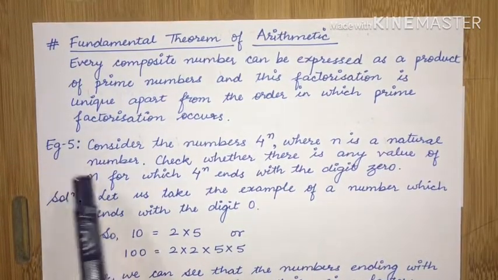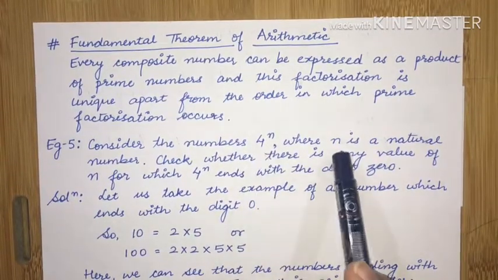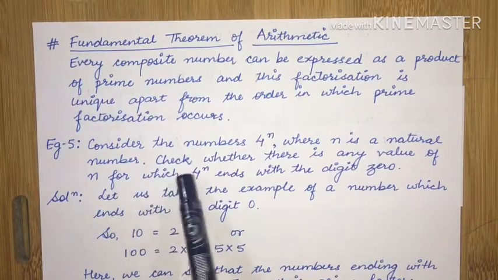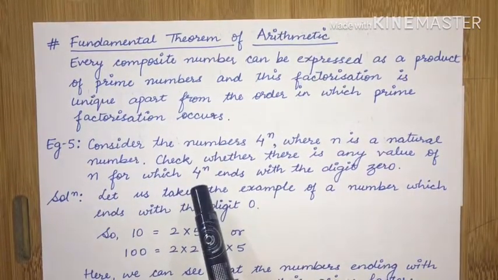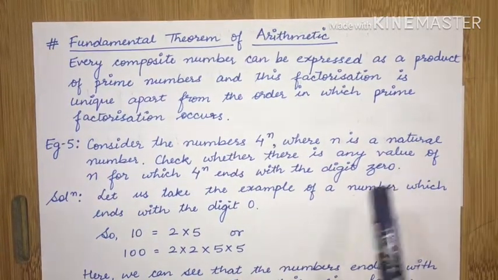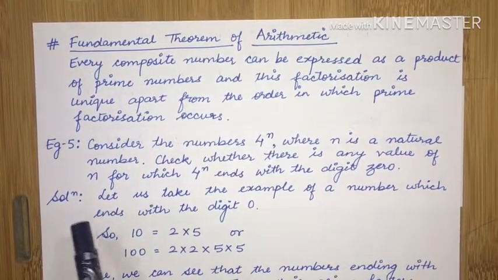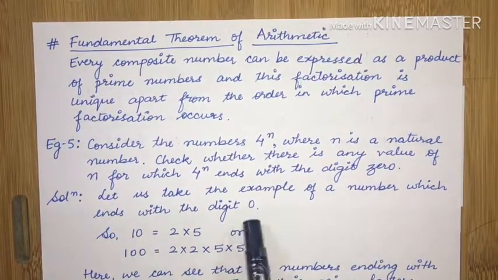Example 5. Consider the numbers 4 raised to the power n, where n is a natural number. Check whether there is any value of n for which 4 raised to the power n ends with the digit 0. The solution for this would be, let us take the example of a number which ends with the digit 0.